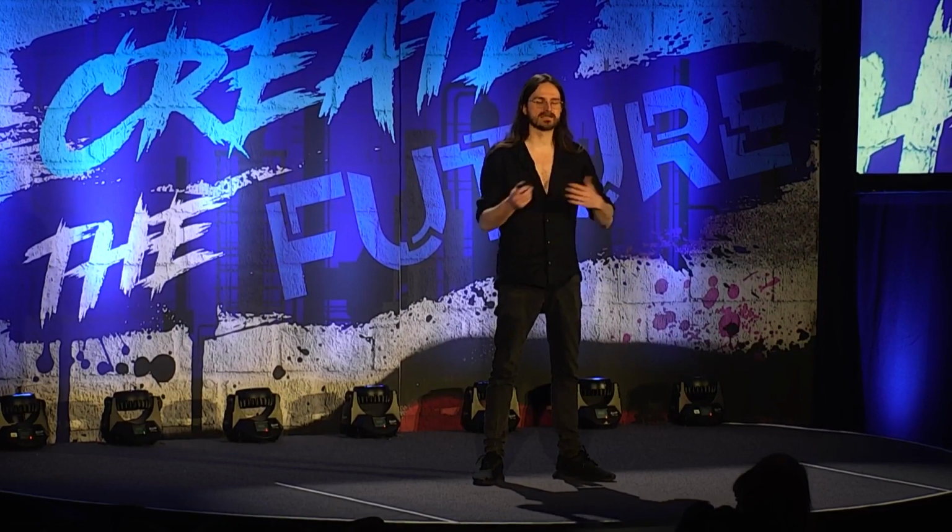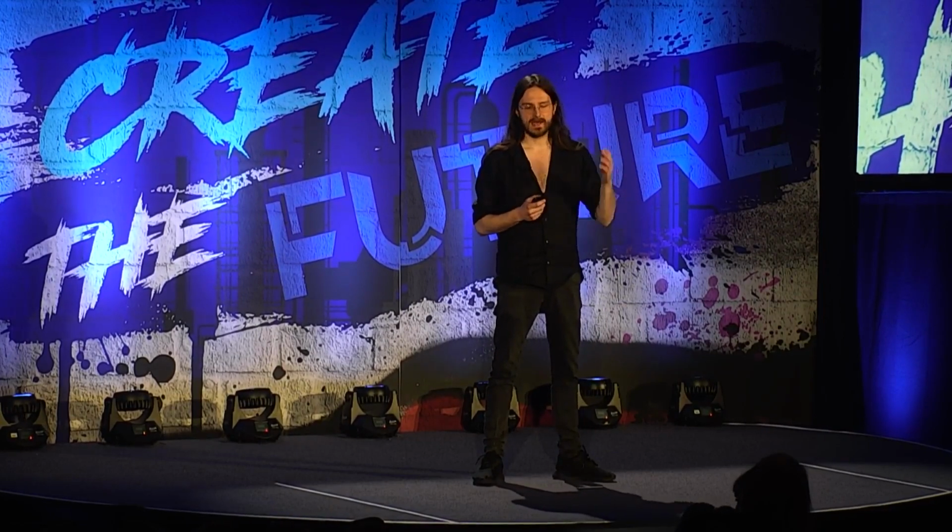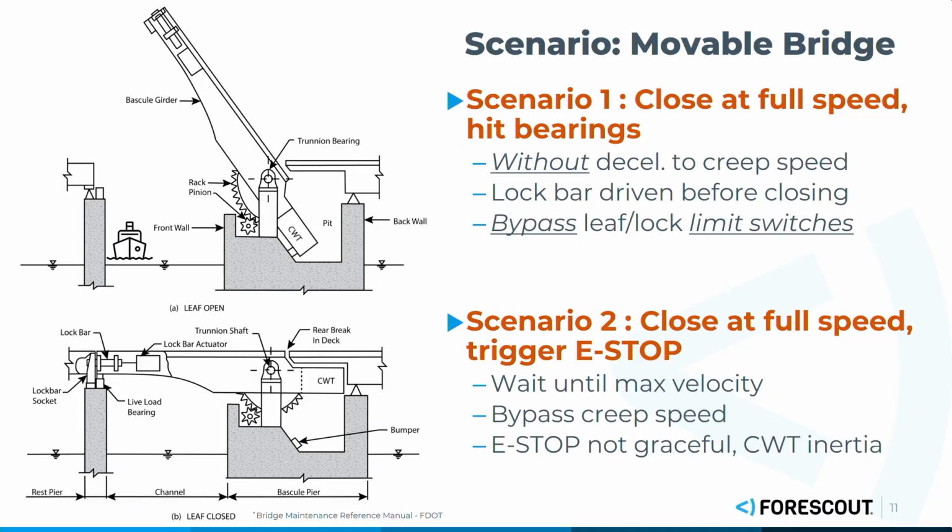You will need to bypass the leaf and the lock limit switches. And the second scenario has similar constraints. For example, if we want to close at maximum velocity and then trigger an emergency stop, which is not graceful and will cause the inertia of the counterweight to have large forces move throughout the bridge leaf, we will need to bypass creep speed as well as have an ability to trigger this emergency stop from our position as an attacker.